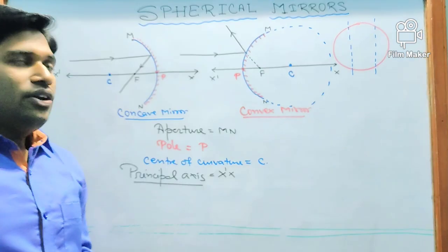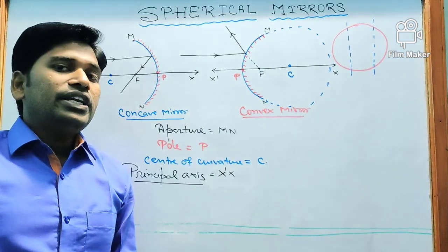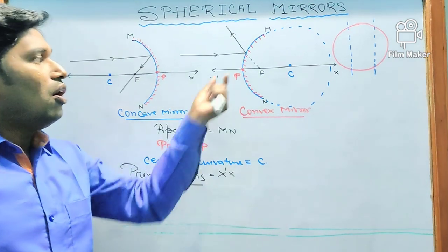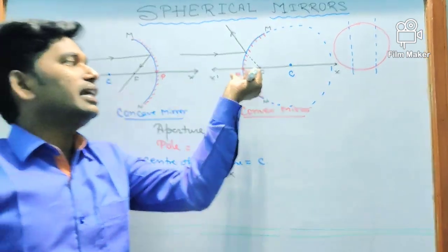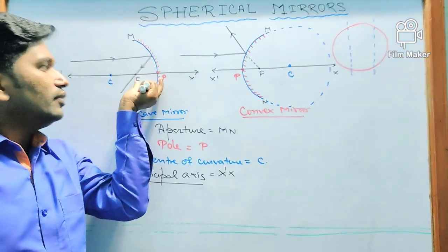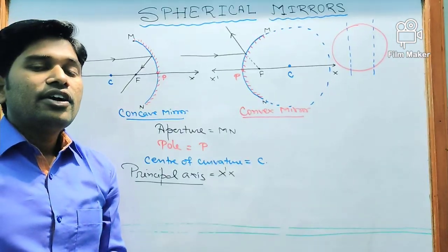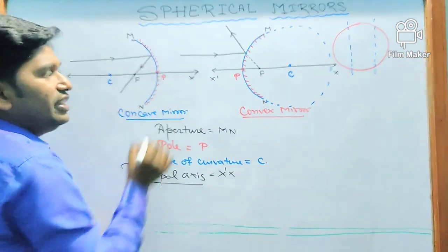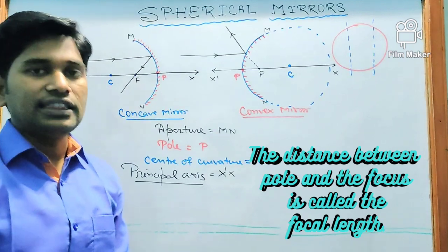One more thing, first let us see this. The distance PF is known as the focal length.